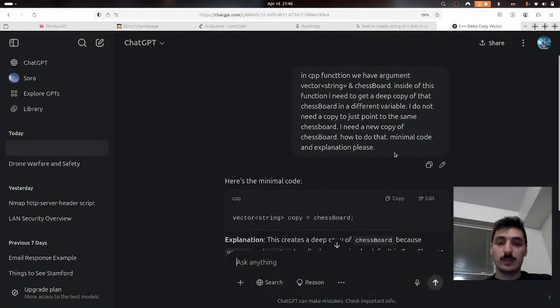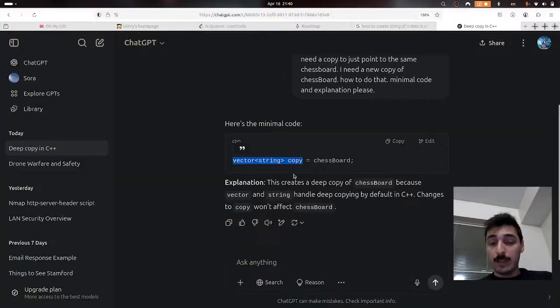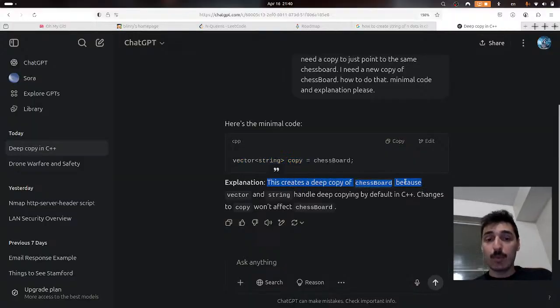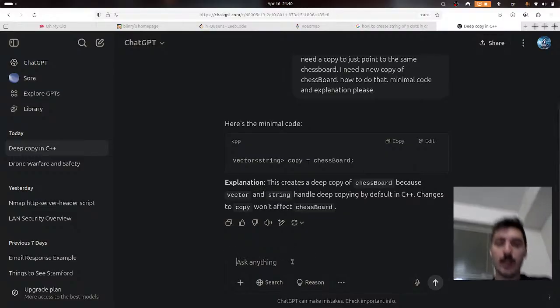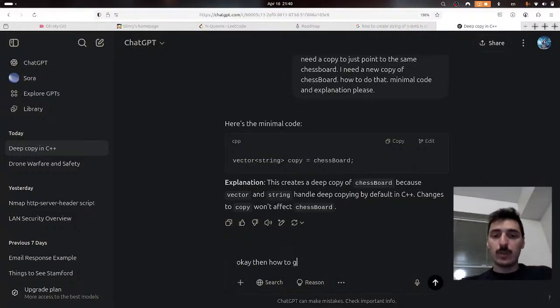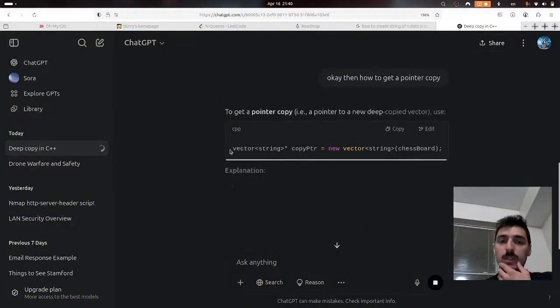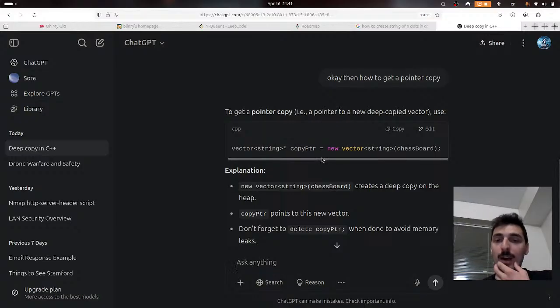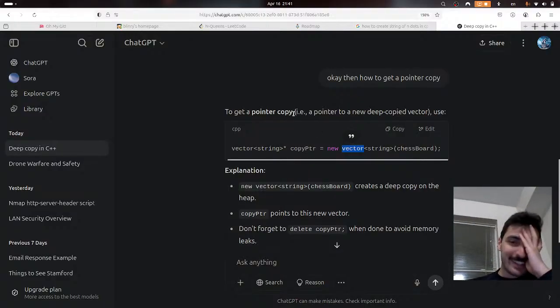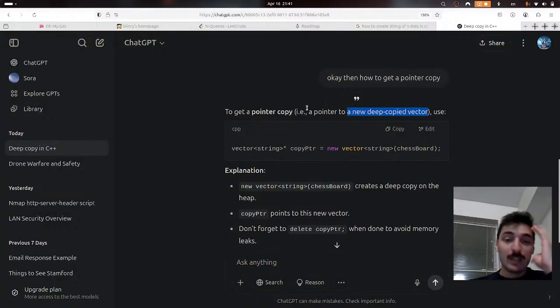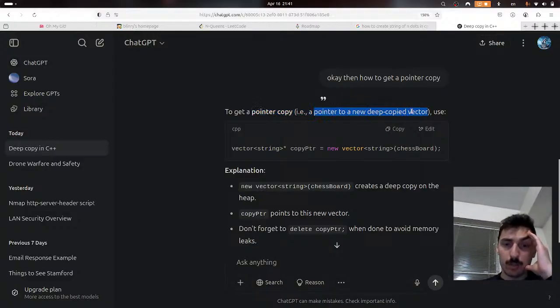That simple? This creates a deep copy of chessboard because vector and string handle deep copying by default. Changes to copy won't affect chessboard. Okay, then how to get a pointer copy? Wow. To get a pointer copy, a pointer to a new deep copied vector.